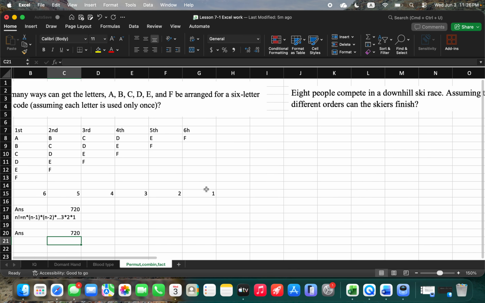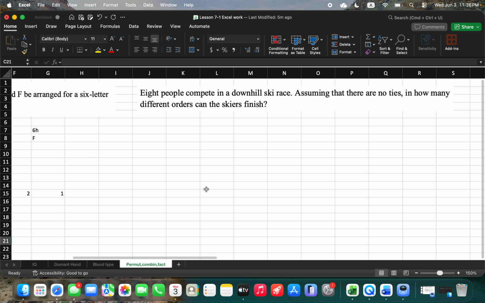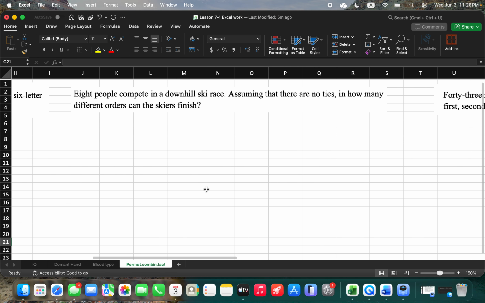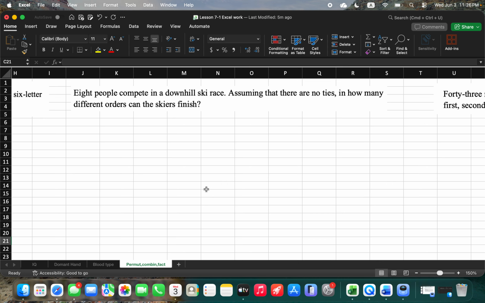Now the second question is 8 people compete in a downhill ski race, assuming that there are no ties. In how many different orders can the skiers finish? So same thing, we are organizing first place to the last 8th place.